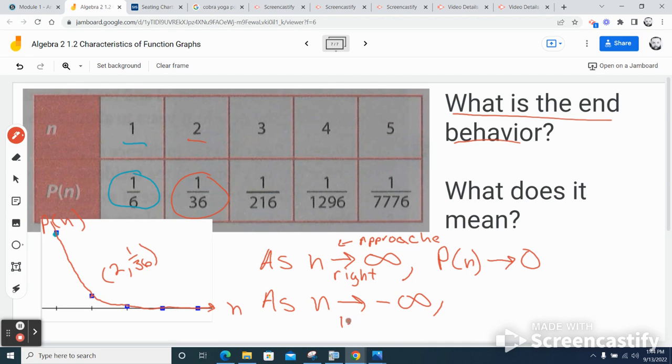As I go to the left on the graph, what is my y value approach? Infinity. So p of n approaches infinity. Sort of, right? Sort of.